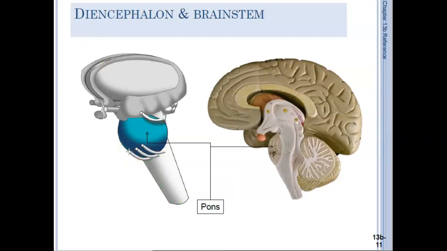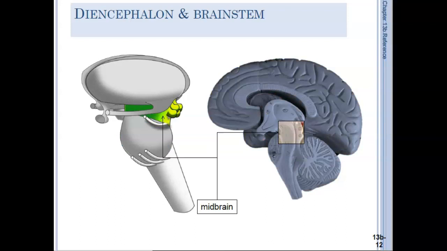Your pons is the area in blue there, so it is going to be right in between the medulla oblongata and the thalamus, and it plays a really, really critical role in generating the respiratory rhythm of breathing. It does some other things too, but that's really its main job. This is going to control your respiratory rate.